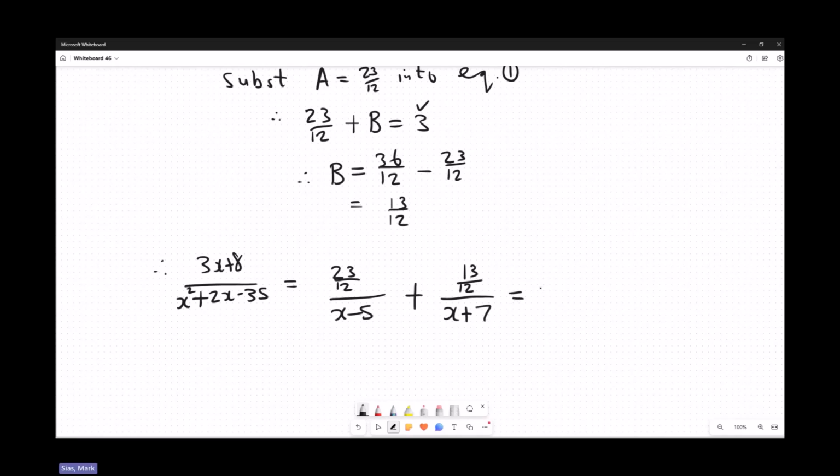So in the final analysis, you can shift the 12 back to the denominator.